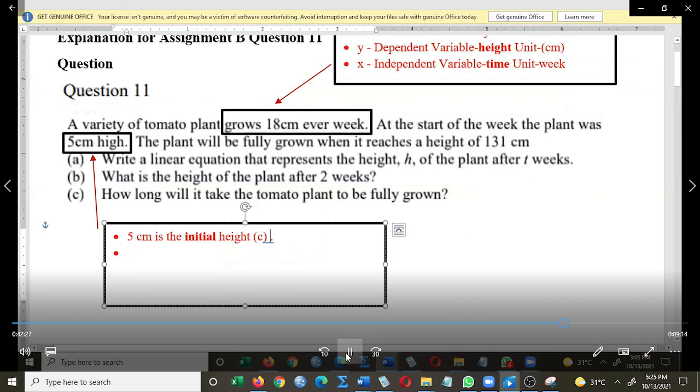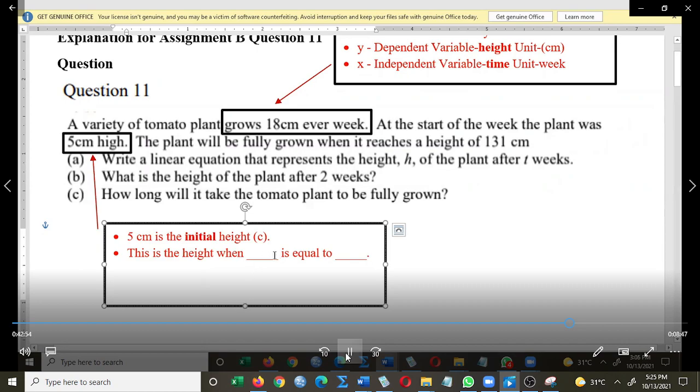What else can we say about the initial? Let's mention the word 0 somewhere. This is the height when dash is equal to dash. Can somebody please tell me?